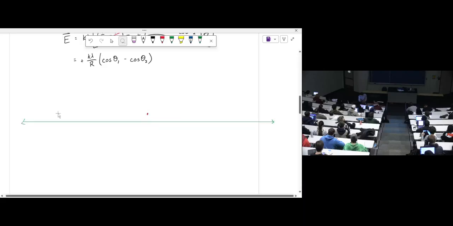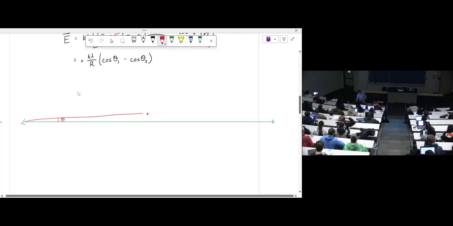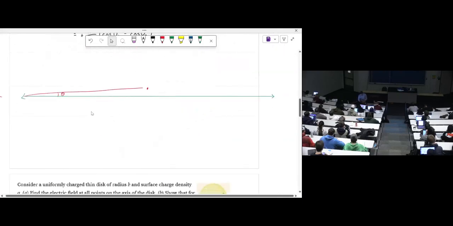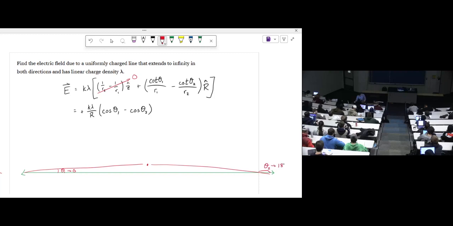Well then, in this case, as this goes out to infinity, theta 1 is going to go to 0 degrees, and then theta 2 is going to go to 180 degrees.